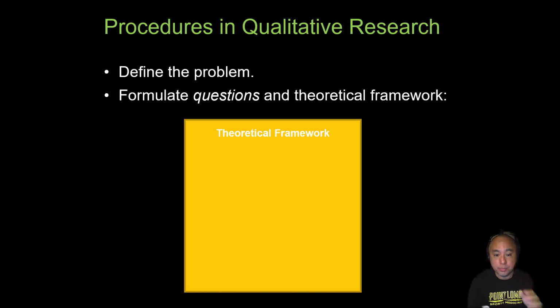So I like using this analogy or illustration, and this is also from the Marion Tisdale book. Let's just say the theoretical framework is represented by this box. And this is all of the information and background that's available in the literature. If you've done a literature review before, even just for a quantitative analysis, you've defined a theoretical framework.